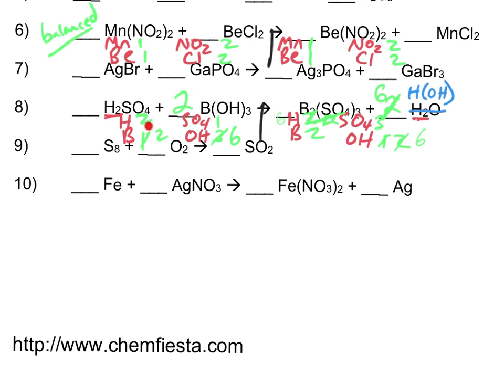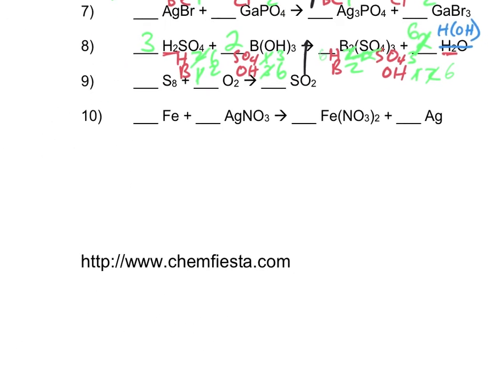We have 2 hydrogens and 6 hydrogens. We have 1 sulfate and 3 sulfates, and hopefully you saw 3 times 2 is 6. So we're going to turn this into a 3. So we now have 6 hydrogen, and we have 3 times one of those sulfates is 3. And we have balanced that one.